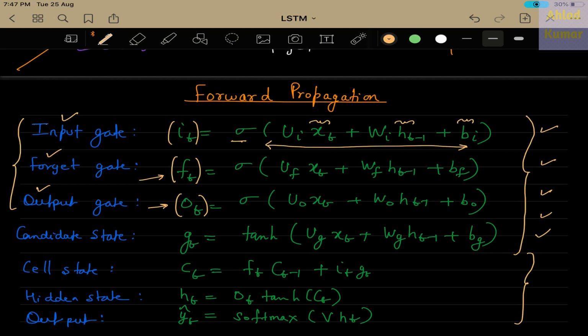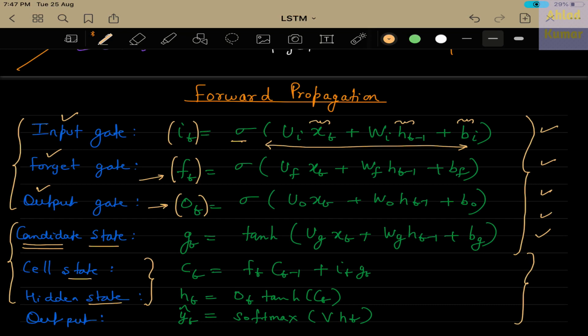And then we have different states in the LSTM architecture that we call the candidate state, cell state and hidden state. We have already seen that the hidden state in the RNN is divided into two states in case of LSTM: one is the hidden state and another one is the cell state, whereas the candidate state acts as a buffer which calculates the results in between, and then it is passed to the cell state once it mutually agrees with the input gate.